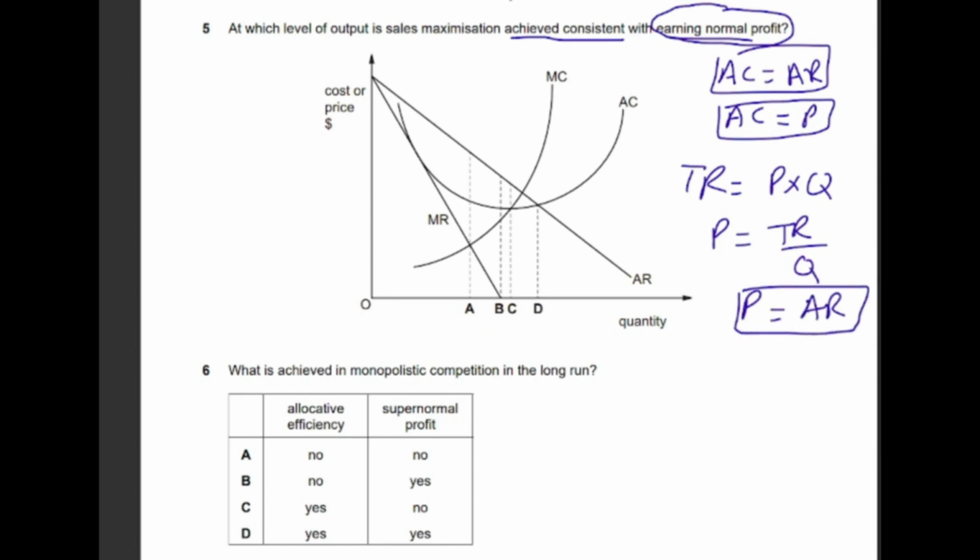So price is always equal to average revenue. So the condition can be average cost is equal to average revenue or average cost is equal to price. So for question number 5, D will be the answer if we satisfy this condition of normal profit. Average cost is equal to average revenue at this point. So option D will be the correct answer.